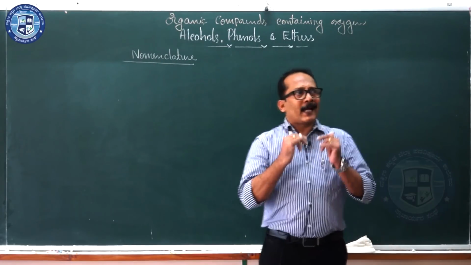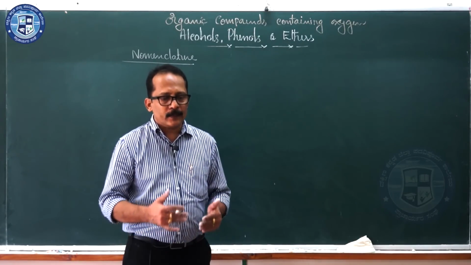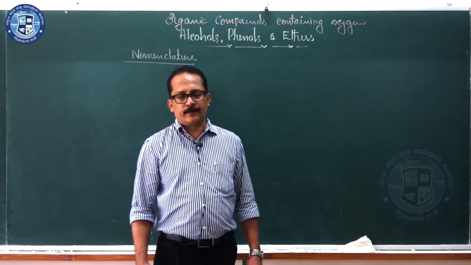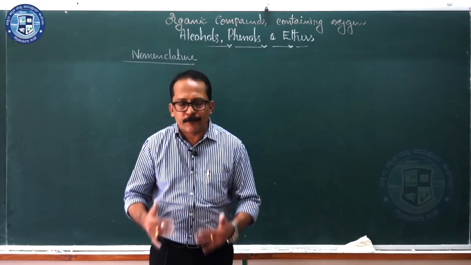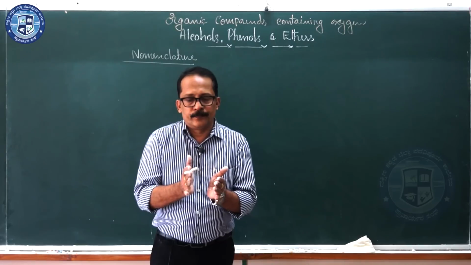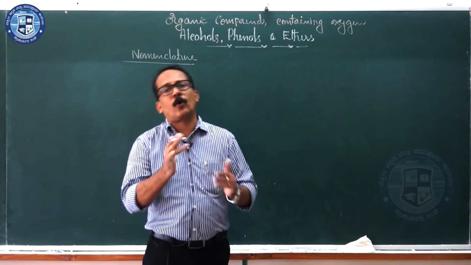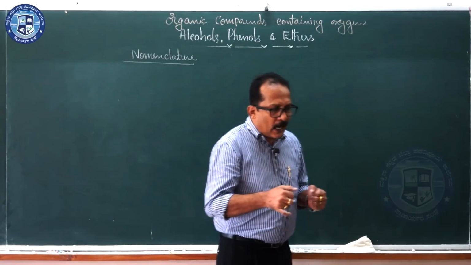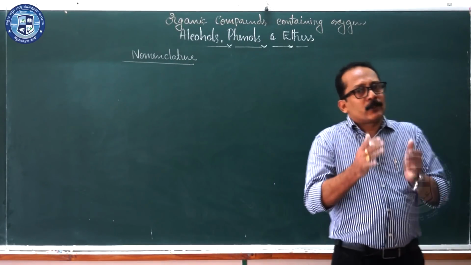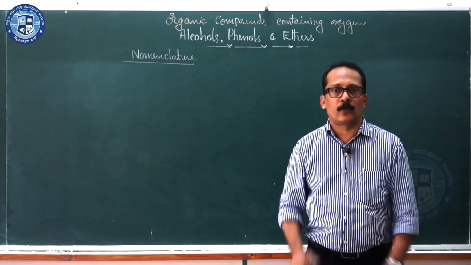Now, according to the common system, the name of the alcohol is derived from the common name of the alkyl group, and adding the word alcohol to it. The common name of the alkyl group is taken, and to this we have to add the word alcohol.